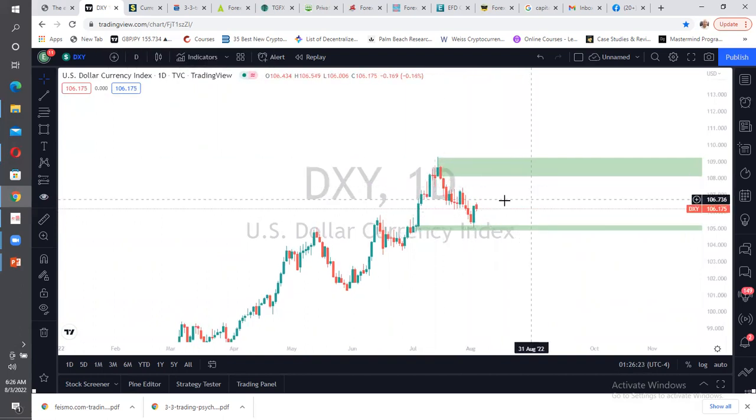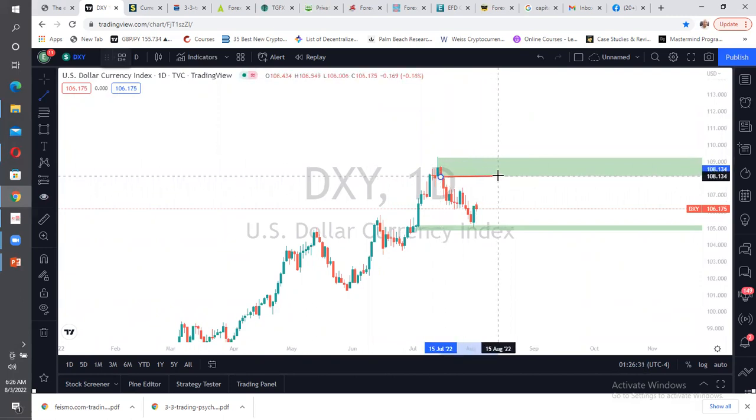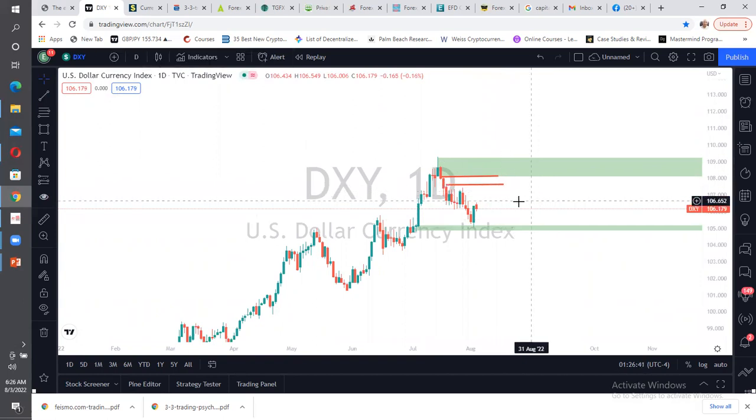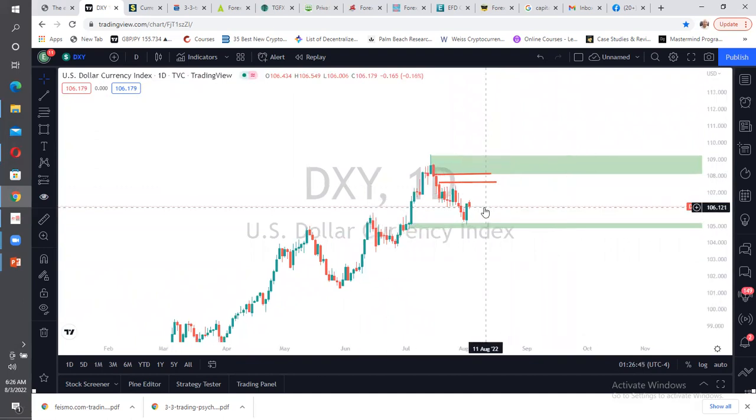Then we'll have this daily order block here, then we'll have this fair value gap here, which market never traded into. So in your worst case scenario, the market trades into it and then flushes down. But we are not seeing them getting to this level, but if they do, that would be good for business.